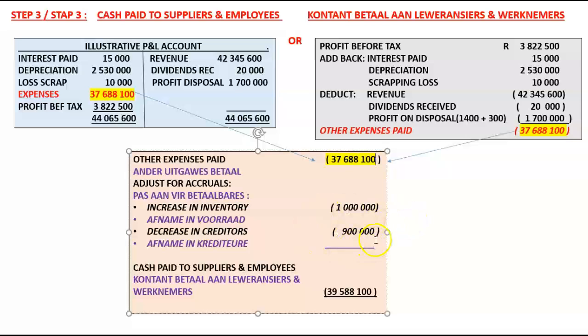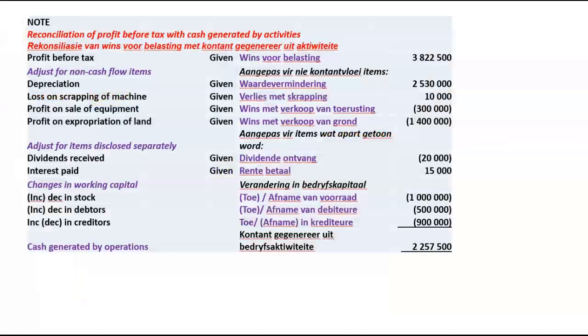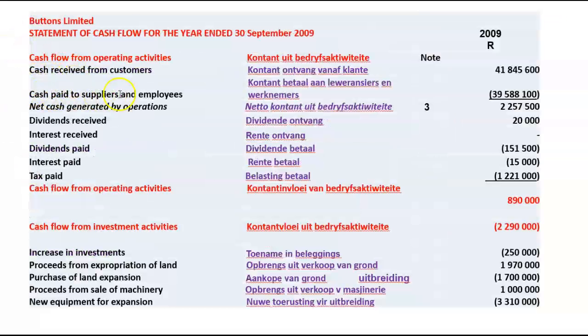So therefore, it's an outflow of cash. So our cash paid to suppliers and employees equals 39,588,100, and I can go and plot that in my cash flow statement. Cash paid to suppliers and employees, 39,588,100.